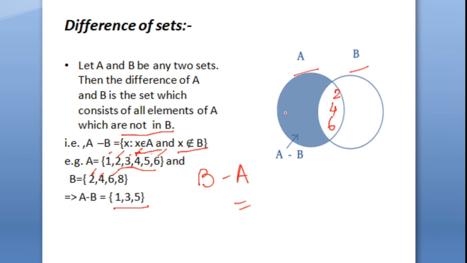These are common elements, and the rest of the elements of A are 1, 3, 5 and the rest of the elements of B is 8. That means according to this diagram, 1, 3, 5 is the area of A minus B, and this one is the area of B minus A. Only one element is there, therefore B minus A will be 8.